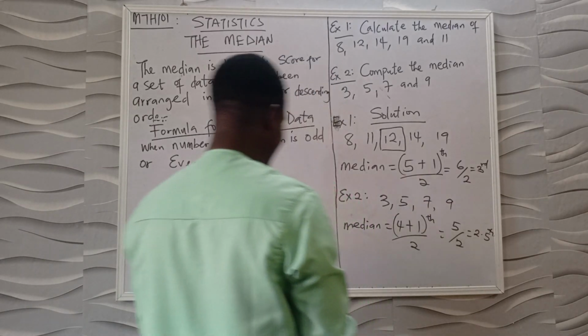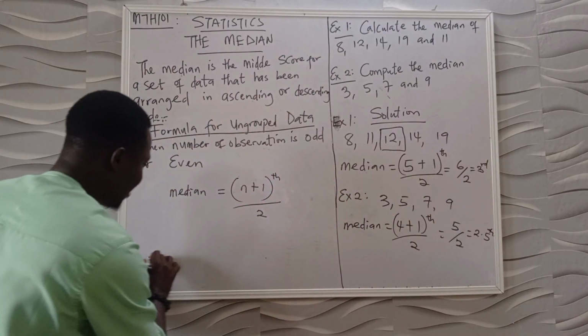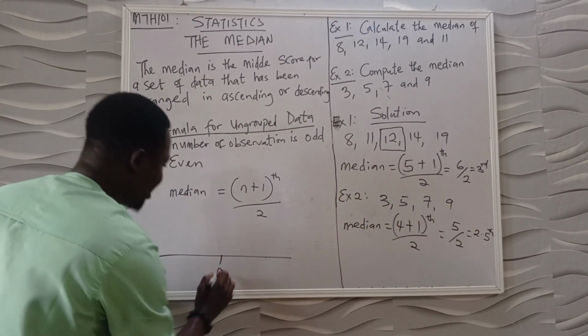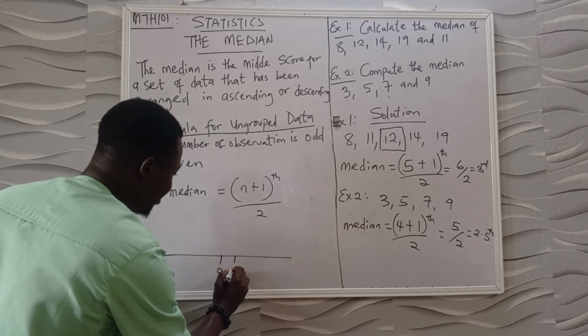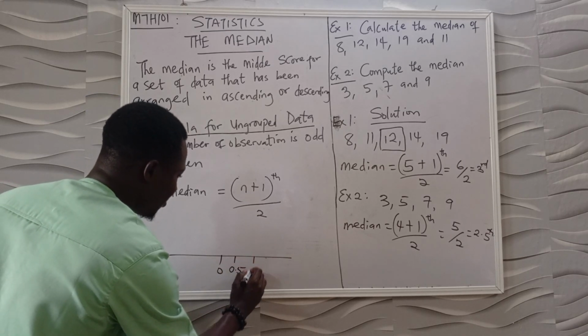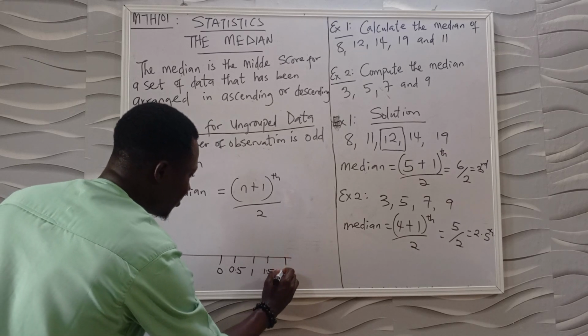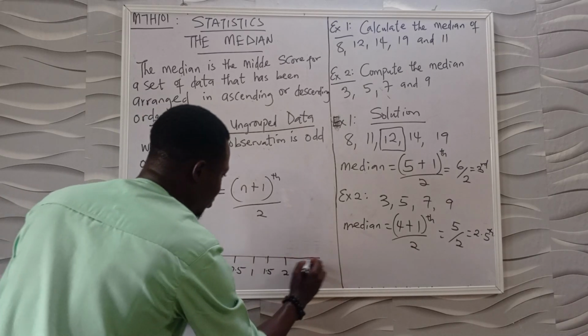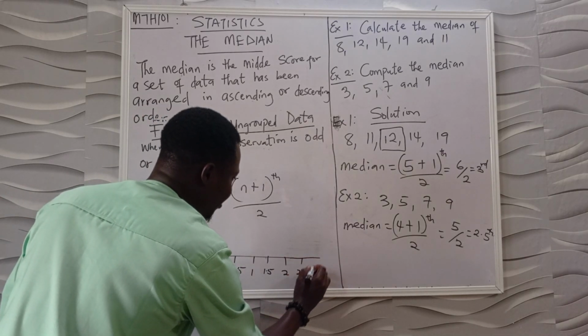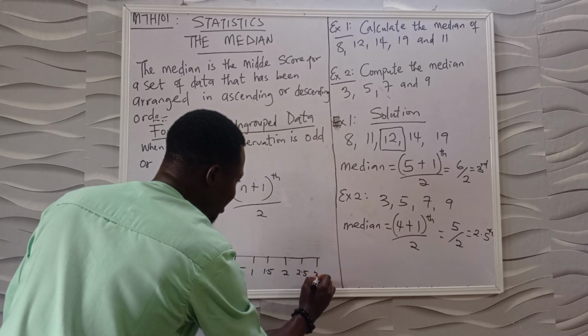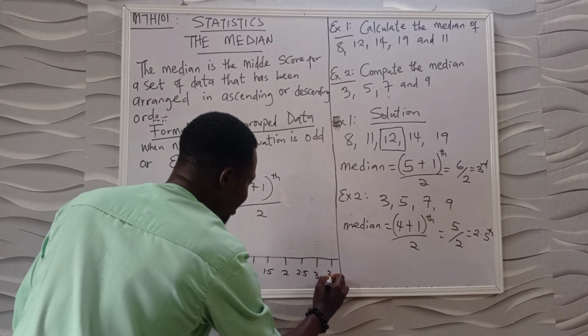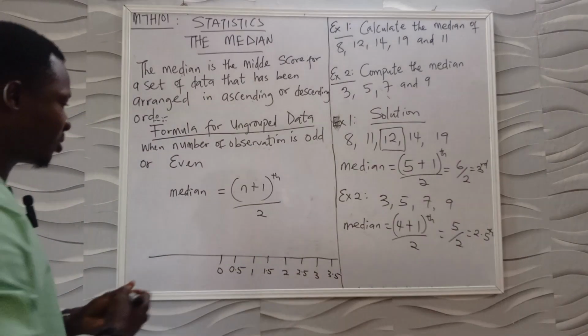You know, on the number line, permit me to have it here. When we have a number line, this is 0. Let's say we have 0.5, we have 1, we have 1.5, we have 2, we have 2.5, we have 3, we have 3.5, and so on and so forth.